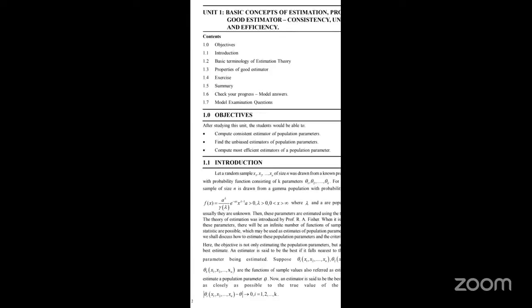The estimator methods are method of moments, maximum likelihood estimation, and minimum variance unbiased estimator. One by one I have explained all. The basic properties of a good estimator are consistency, unbiasedness, and efficiency.